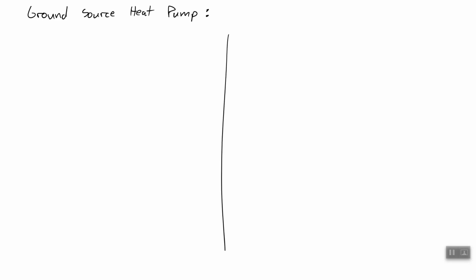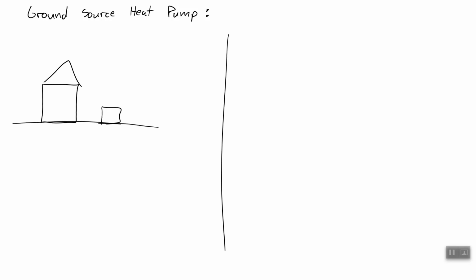Okay, let's just do a quick example. We're going to do an example to demonstrate now a ground source heat pump. The heat pumps we discussed in our first lecture on heat pumps were air source heat pumps.